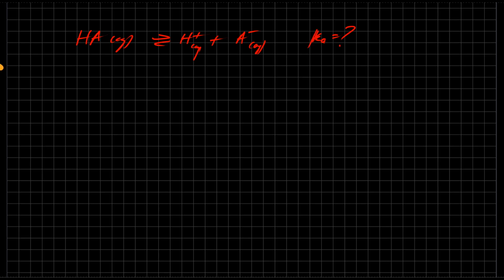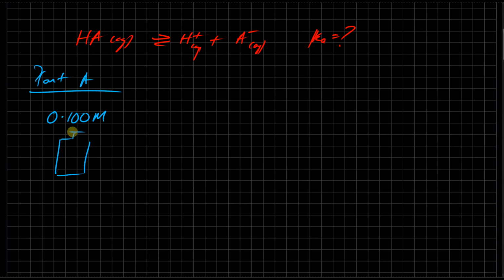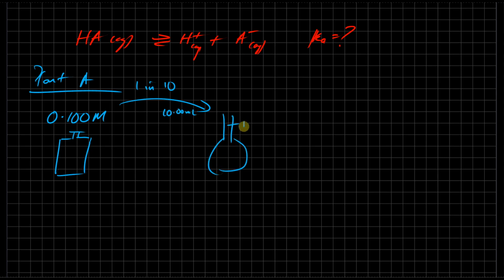Okay, so let's look at how we're going to do this in part A of the experiment, where we just vary the concentrations of this acid. So let's say we start with some stock bottle concentration of 0.100 molar. Well, I can vary this by making dilutions, right? Like I can make a 1 in 10 dilution, which means I'll take, for example, 10 mLs of this, add it to a 100 milliliter volumetric flask, and fill the rest up with water, and that's a 1 in 10 dilution.